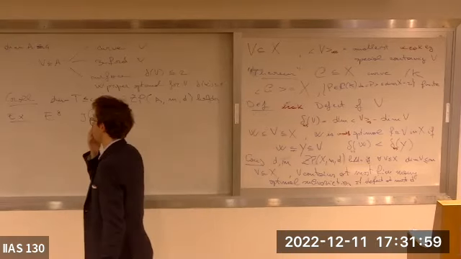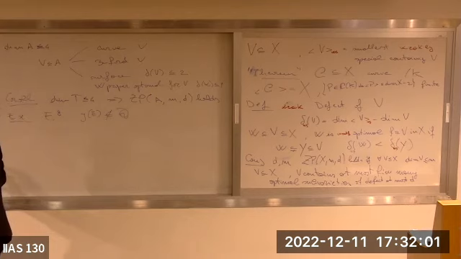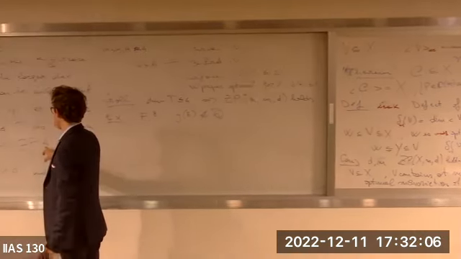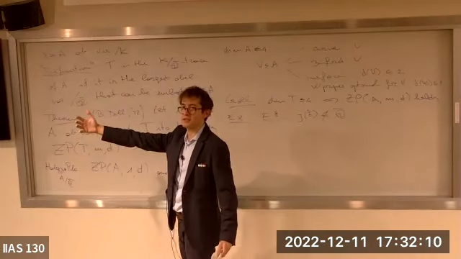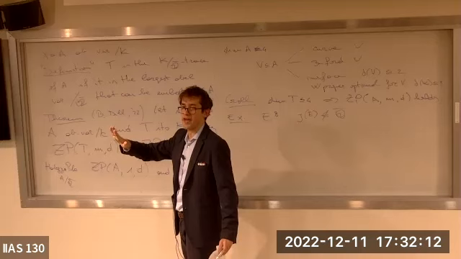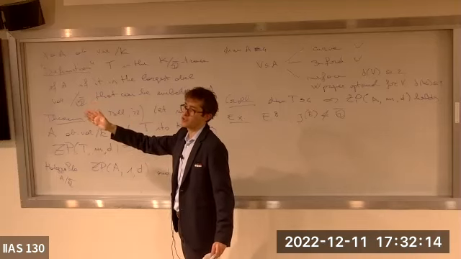The first reduction is done like this. Your K might actually be larger than the minimal field of definition of A. So this is the first reduction we do.